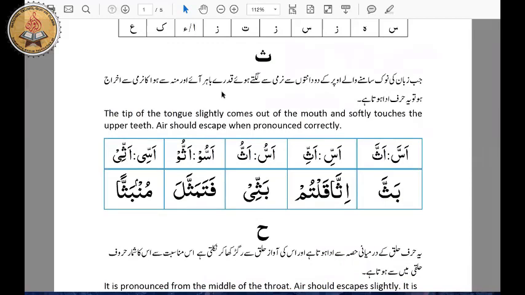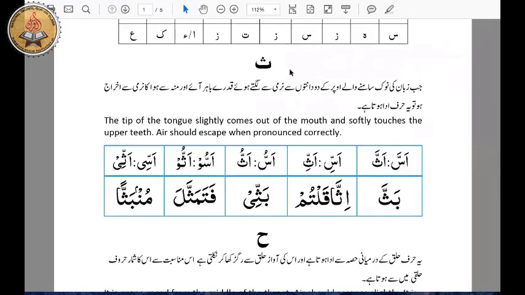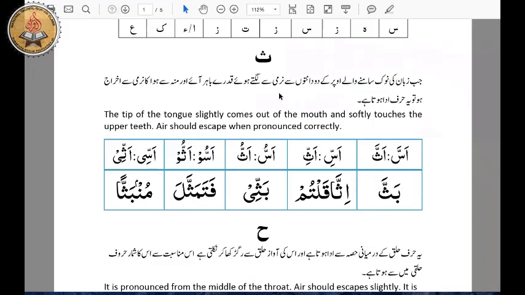For example, thin, T-H-I-N. That's exactly how you want to be reading the Tha, a very soft sound, Tha. And another word that you can think about is the word thank you. So thin and thank you, very soft th sounds, which are exactly like the letter tha in Arabic.